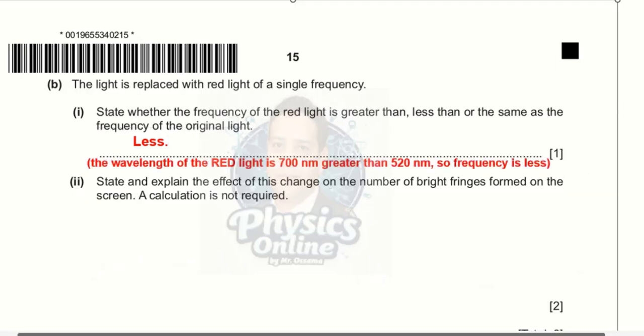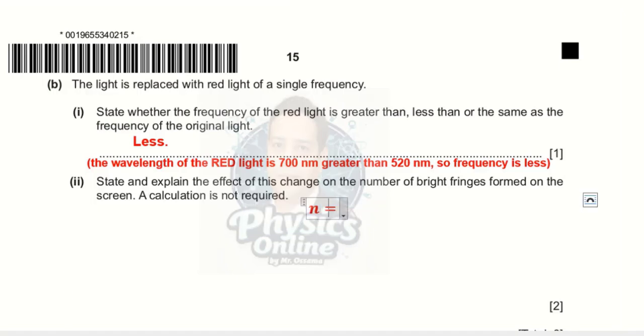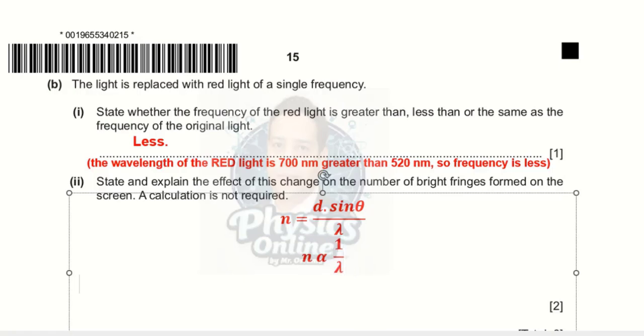State and explain the effect of the change on the number of bright fringes formed on the screen. A calculation is not required. If we write the equation n equals d sine theta over lambda, we see here n and lambda are inversely proportional. So when the wavelength increases, the number of fringes decreases.